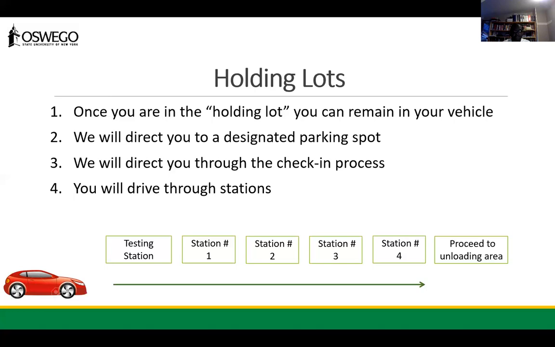When we think about this, some of the questions I would get at this point of the presentation are things like, Sean, how will you maintain social distancing through this process? What does that look like? In terms of maintaining social distance through the holding lot process, there are a few things that are happening. When I began, I talked a little bit about the campus being separated. We've separated the campus into east and west.